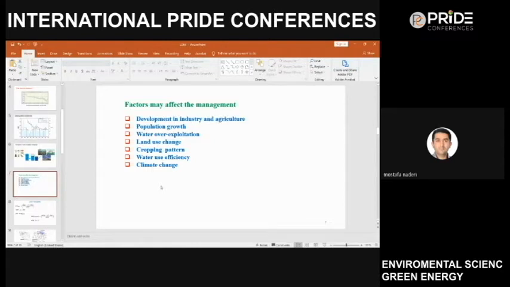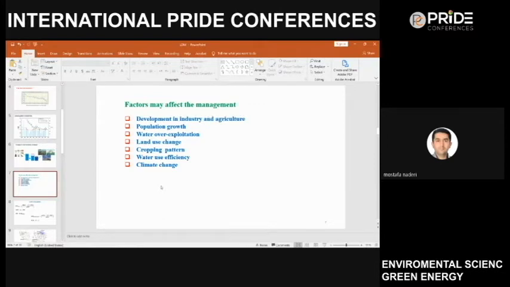Water over exploitation: for example, in some areas of Iran, no increase in agricultural area is not a guarantee of no increase in water over exploitation, because farmers may over irrigate their farmlands. However, the farm area remains unchanged.